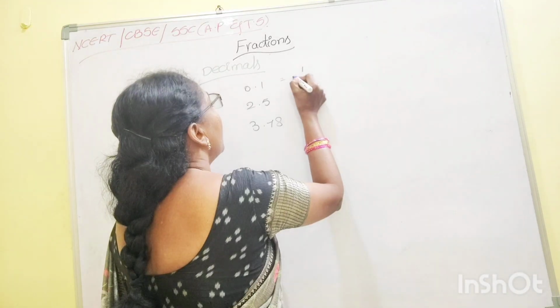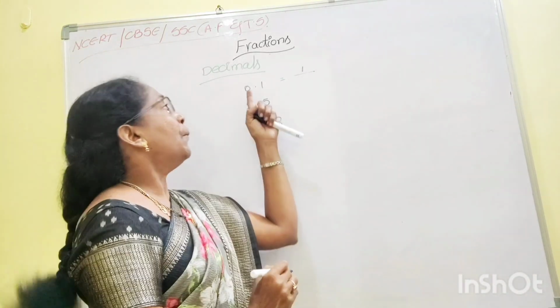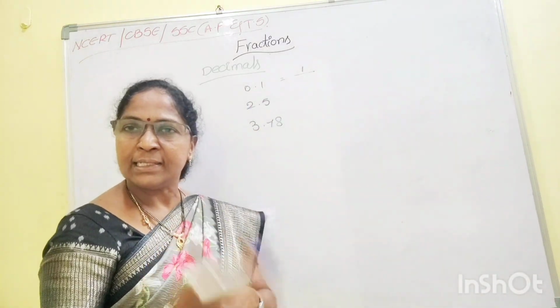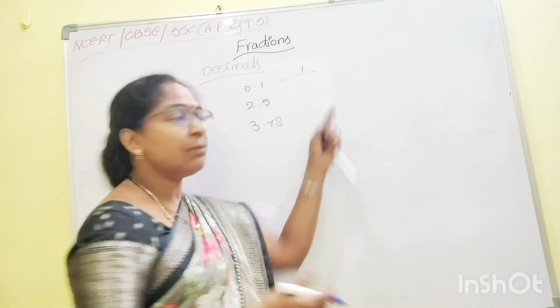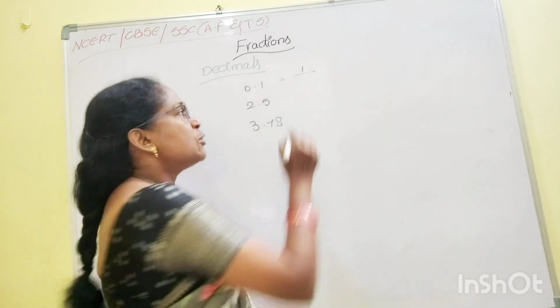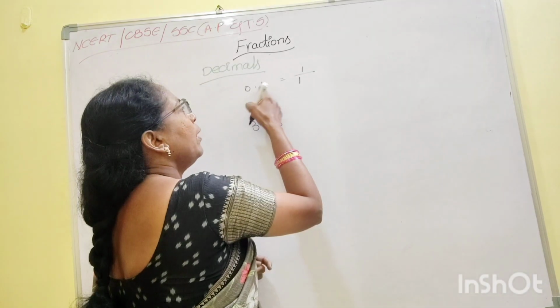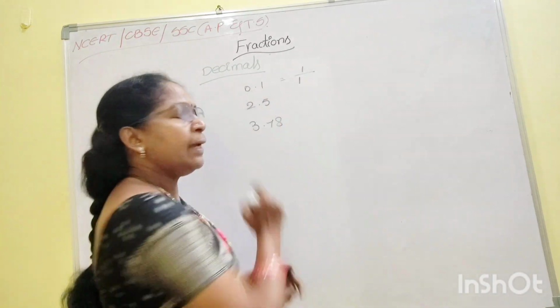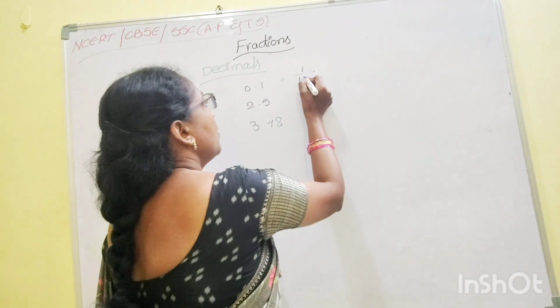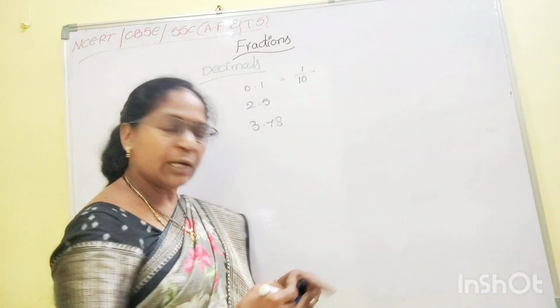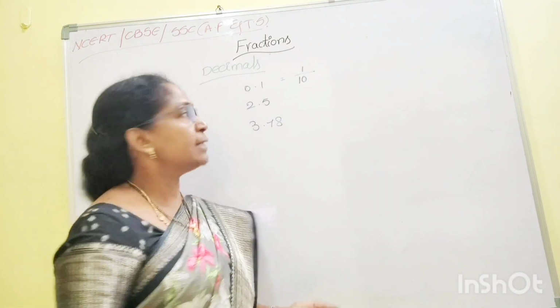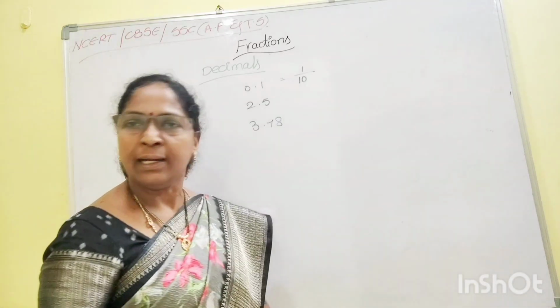And later, 1 by here. After the point, how many digits are there? Those number of zeros after 1, you have to write in the denominator. After the point there is 1 digit, so 1 0. So 0.1 is equal to 1 by 10.